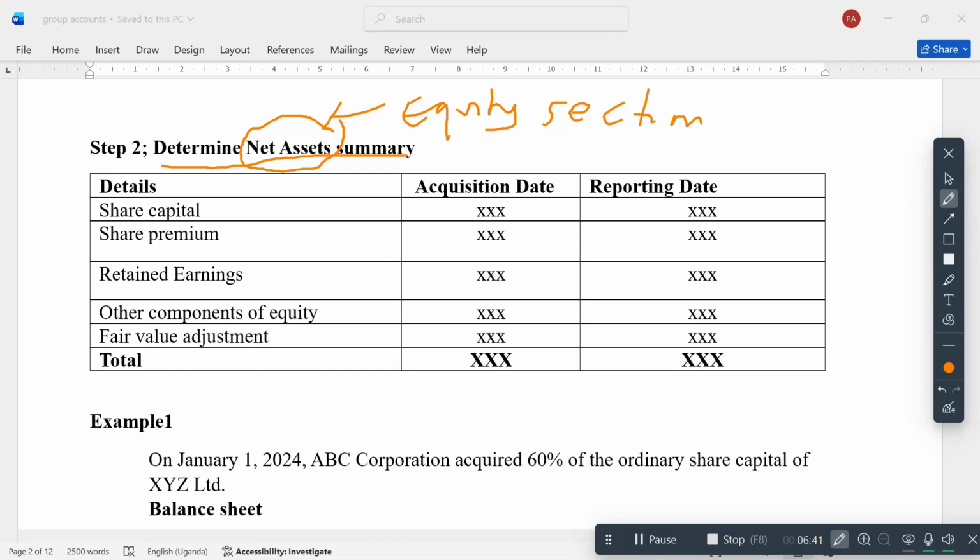There's no need to do this for the parent, because it's the parent, the acquiring company, buying the other company. So we do this for the subsidiary so that we can know the actual assets or interest we are going to acquire in the other company. This becomes very easy.